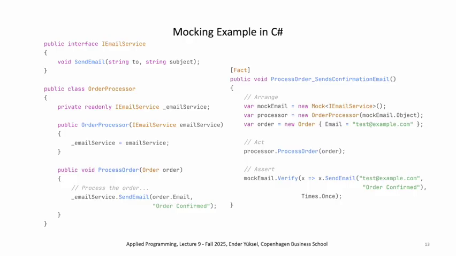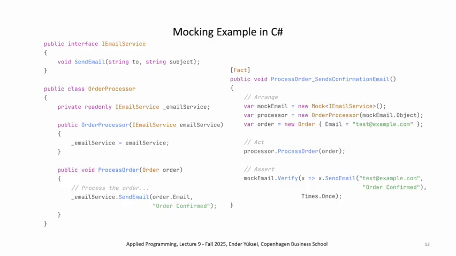It checks that SendEmail was called exactly once with the correct email address and subject. This is the assertion. We are not checking that an email was actually sent. We don't care about the email provider's implementation. We are checking that our OrderProcessor correctly tried to send an email with the right parameters.